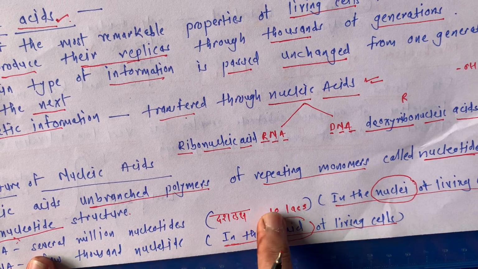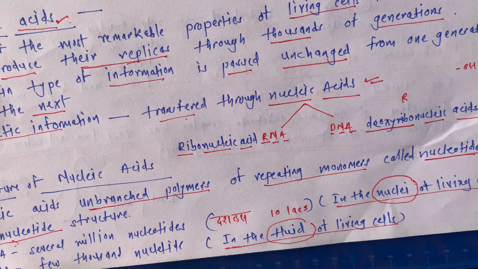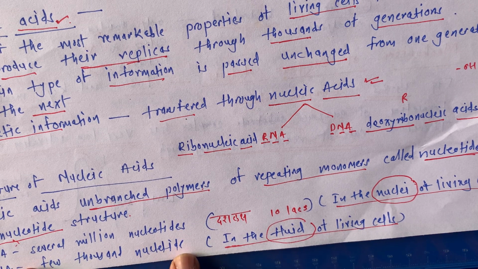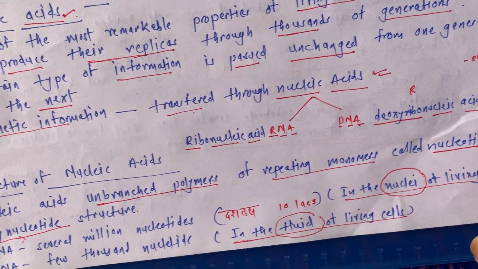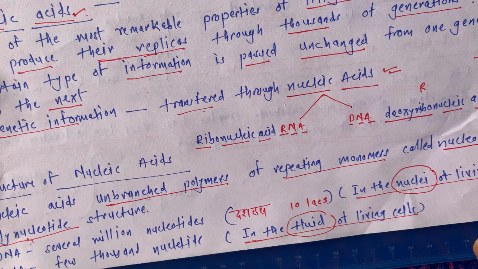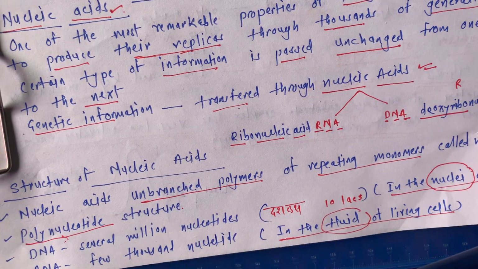Million means 10 lakhs. RNA has a few thousand nucleotides. This is the difference between these two. But both have very important, remarkable properties in our living cells.